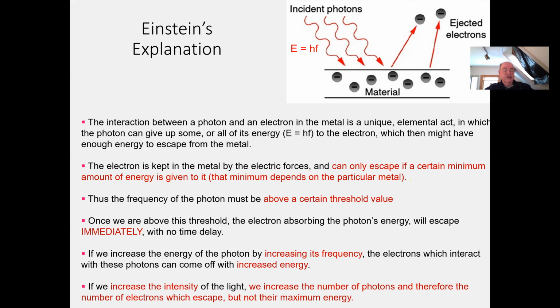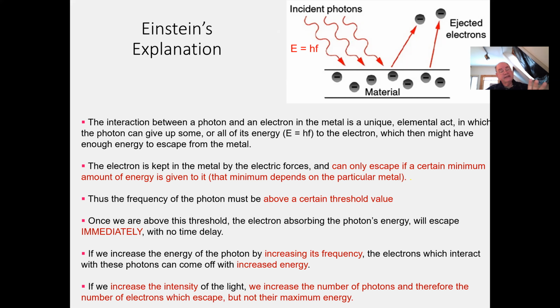Once we're above the threshold, the electron absorbs that photon of energy and will escape immediately with no time delay. That explains that. And if we increase the energy of the photon by increasing the frequency, by increasing the color of the light, the electrons will interact with these photons and will come off with increased energy, just as we saw in the animation, just as Leonard saw.